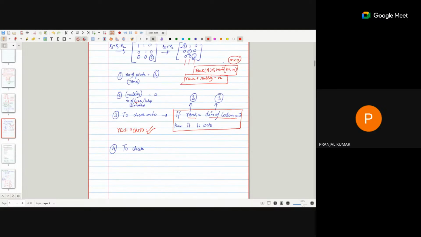Okay, so to check one-one, if nullity is equal to 0, then it is one-one. Clear? Now tell me, is the nullity 0 here? Yes, sir.